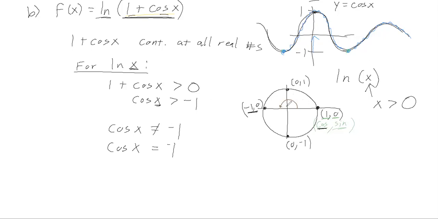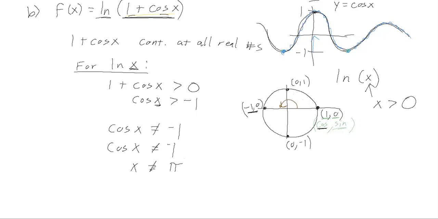Right here. What is that angle right there? Wouldn't that be pi? So I'm going to say x is equal to pi. And technically now I need to put not equal to here and here. So I'm going to go ahead and do that.